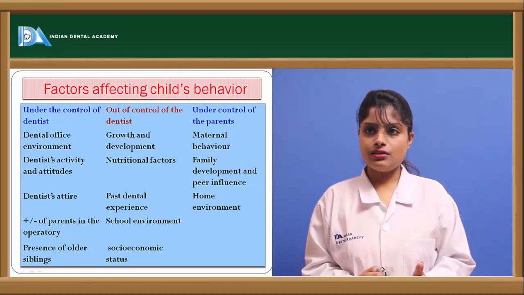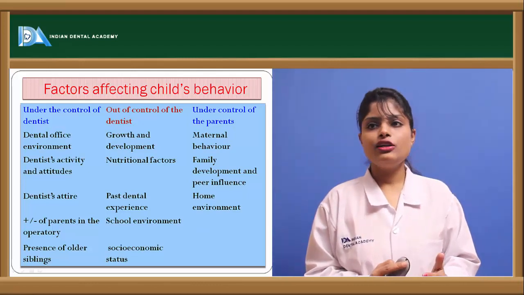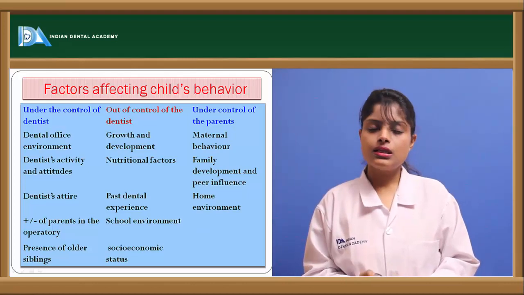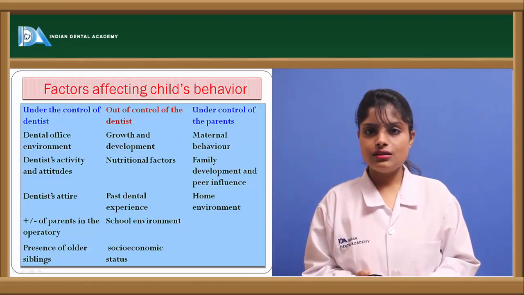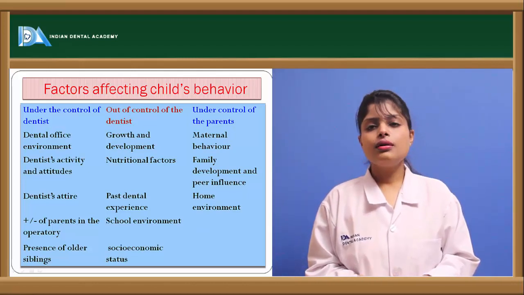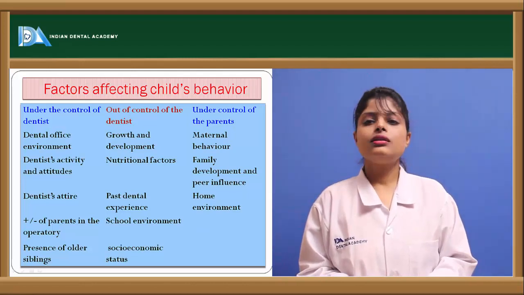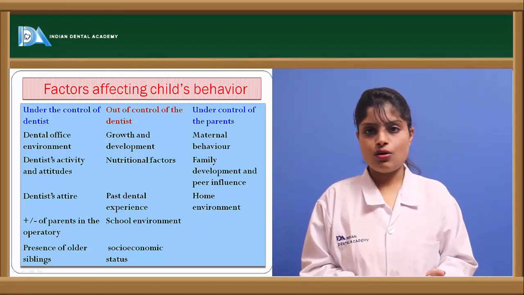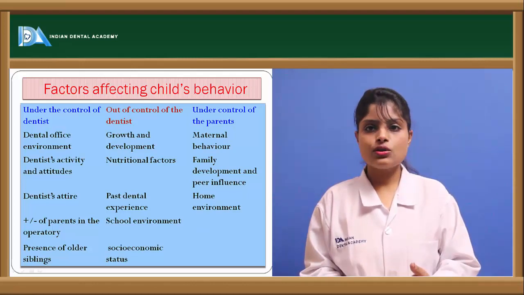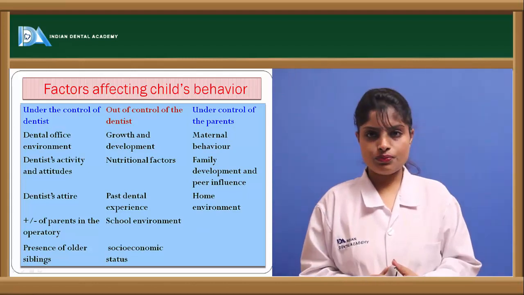The various factors under the control of the dentist can be enumerated as the office environment, the dentist activity, the dentist attire, the dentist attitude, the presence of the parents in the dental operatory, the absence of the parents in the dental operatory, as well as the presence of siblings, or their brothers or sisters, in the dental operatory.